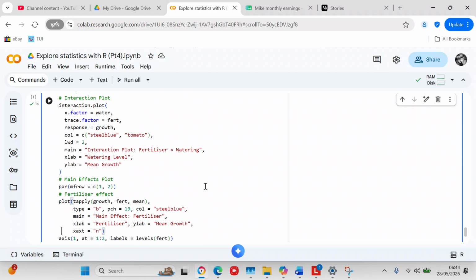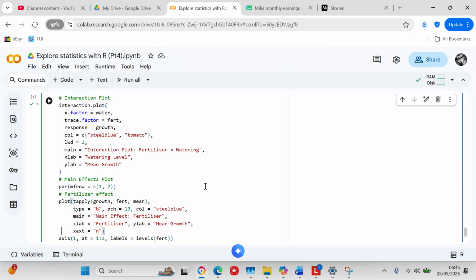They haven't really set a significance level in this particular example, so we're going to go with 0.05.